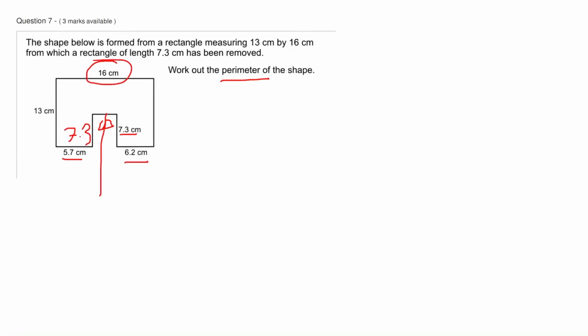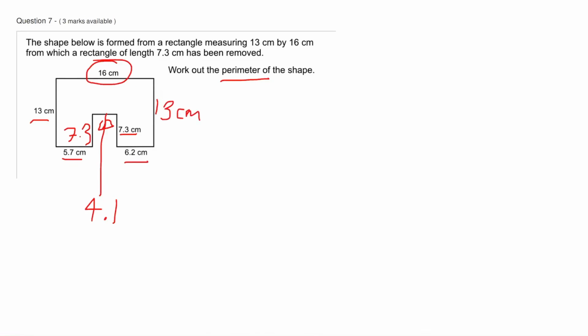So it will just be 16, take away 5.7, add 6.2. So we are adding those at the bottom and we are taking it away from 16, and that will give us an answer of 4.1 for that center side. So now we have all the sides. Also, this is 13 centimeters, so this must also be 13 centimeters. We now have all the sides.